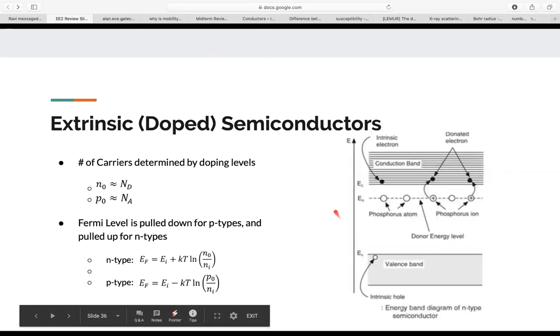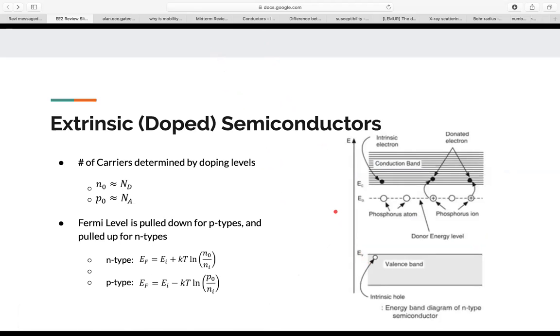Yeah. And so then extrinsic semiconductors, so like I said, when you dope them, whatever you dope them with becomes the number of carriers that your crystal has. So let's say you dope your silicon with like 5 × 10^15 carriers per centimeter cubed.